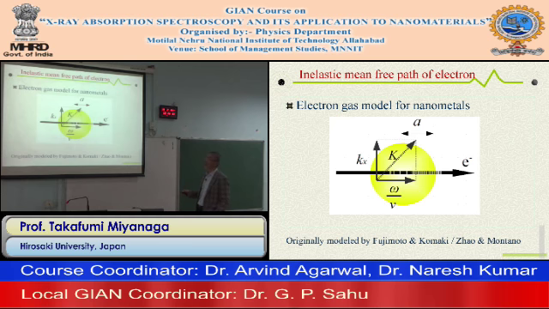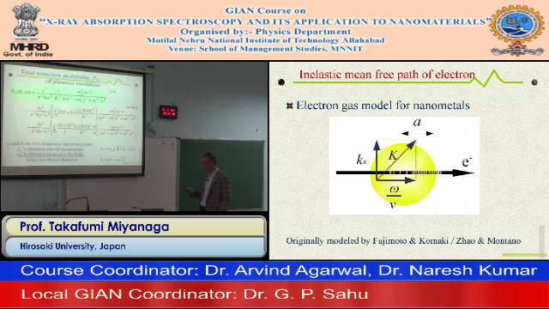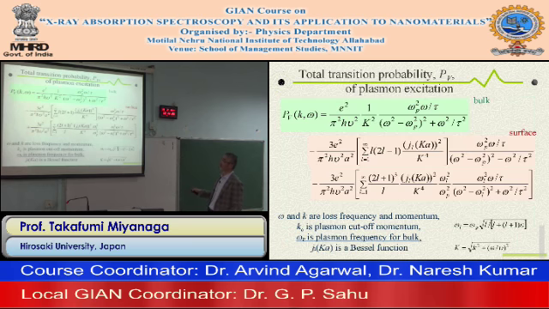K is the momentum. From these models, we get the total transition probability from plasmon excitation. There are three terms, and the first term is expressed by the bulk model, so this is the bulk excitation.